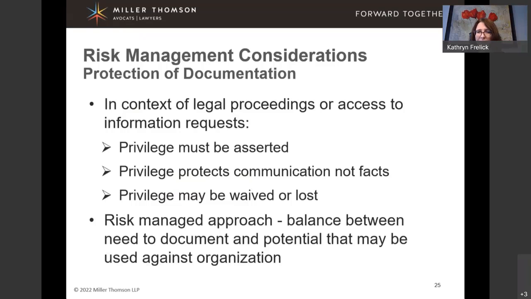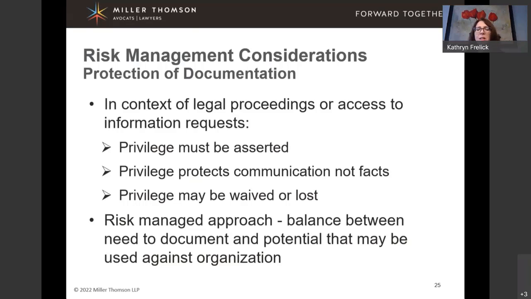And finally, we're going to talk a little bit about risk management considerations and protection of documentation. So some really important things to be aware of in the context of legal proceedings or information requests. Privilege is not automatic, it must be asserted.